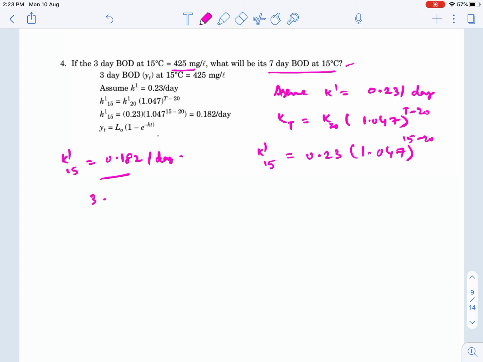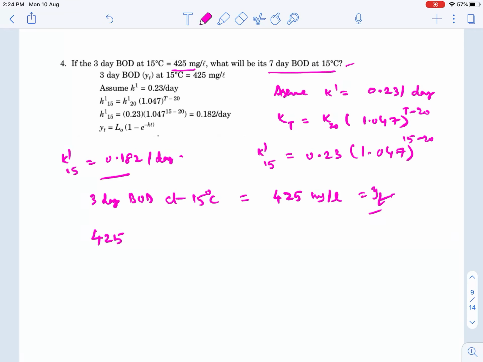So what has he given? 3-day BOD at 15 degrees centigrade is equal to 425 milligrams per liter. This is nothing but BOD exerted, and the time is nothing but 3 days.